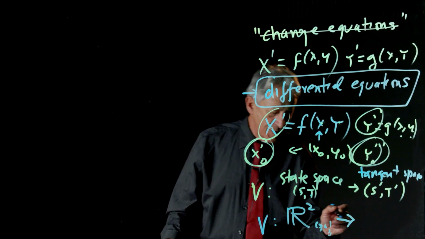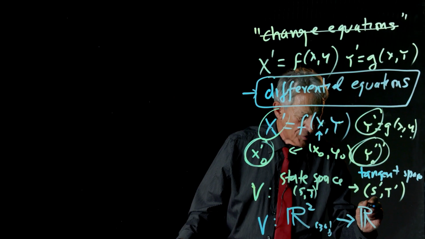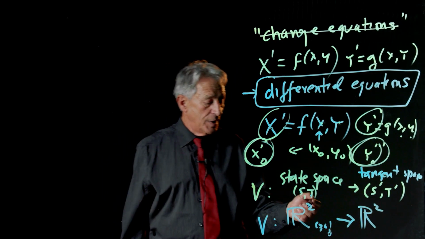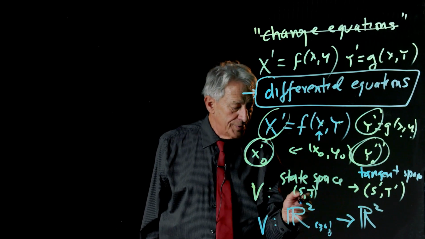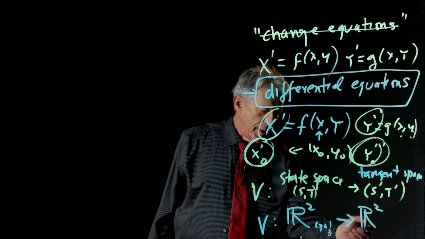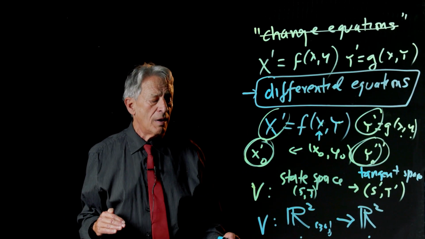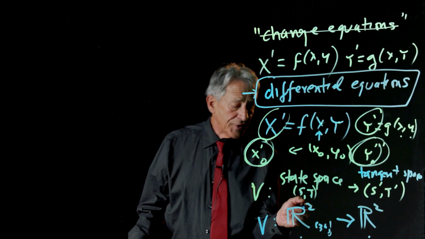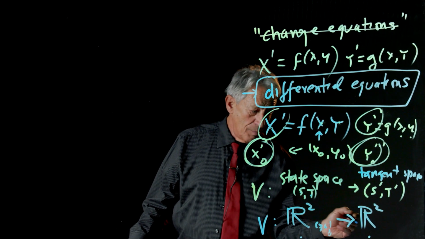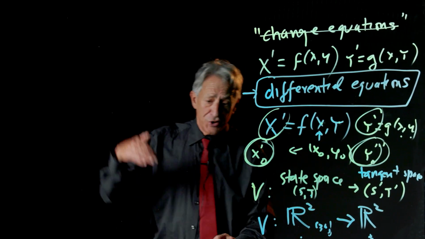And then tangent space is going to be another copy of R squared. Not the same copy, because the units here are different from the units here. The units here are in animals, and the units here are in animals per unit time. The vectors here are always positive or 0, but the vectors here can be negative if the change is negative.